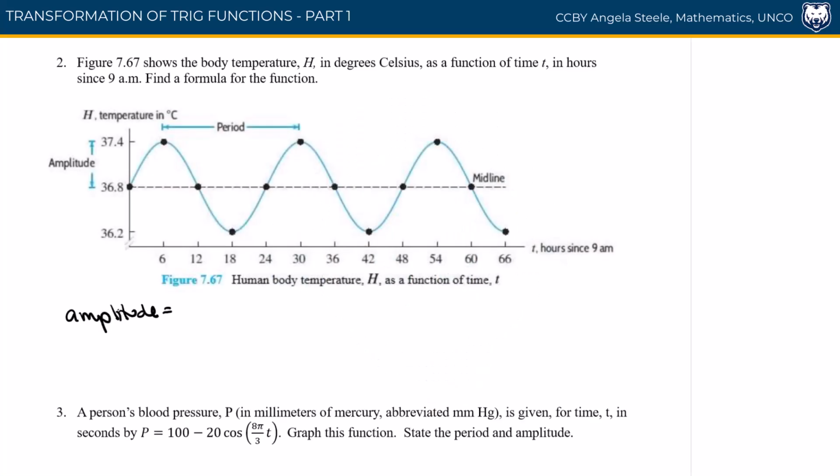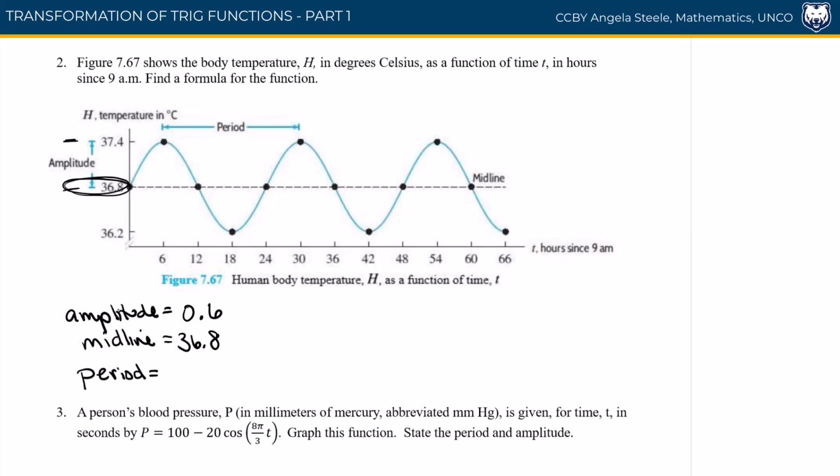So our amplitude is going to be between 36.8 and 37.4, which gives us a total of 0.6 difference. Our midline is really what our function is oscillating between, and so that's going to be that middle value, which is 36.8.